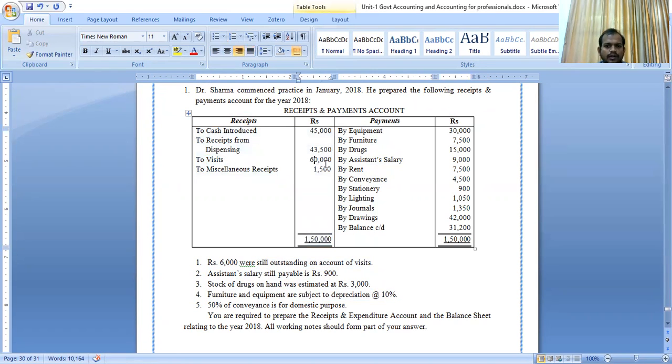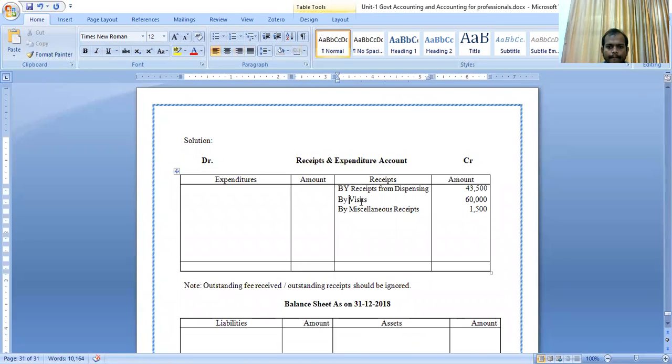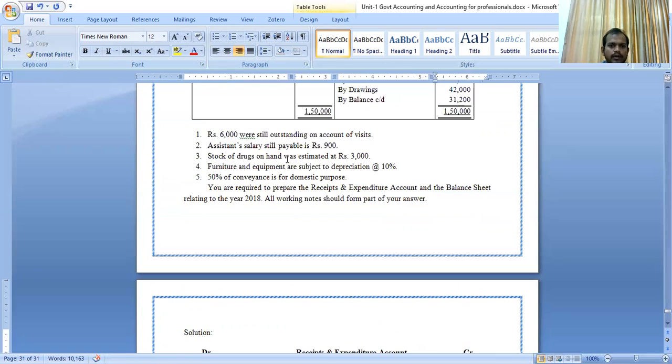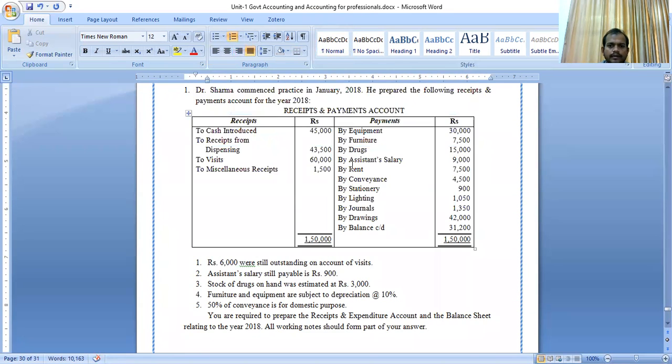See, first of all, record all the transactions related to the receipts and payments account. So visits, I'm not recording the amount as we have an adjustment. Equipment, furniture, these are the assets.